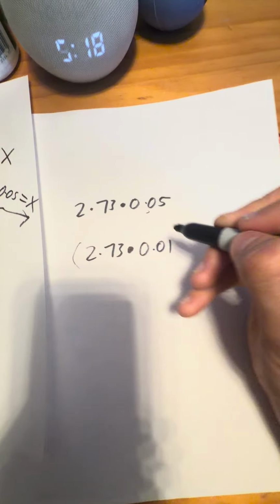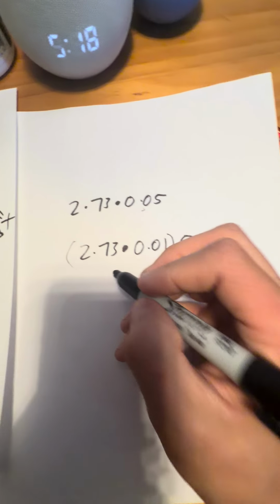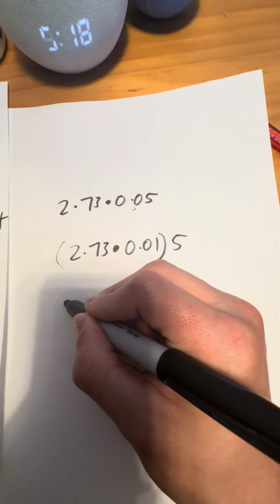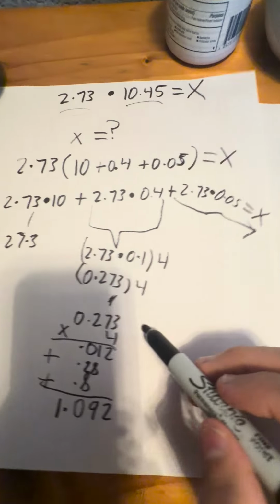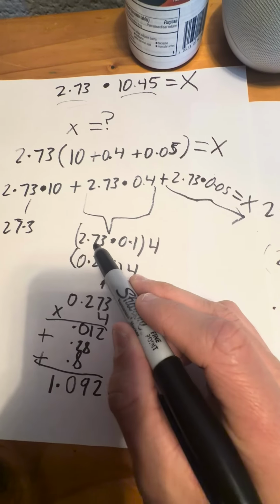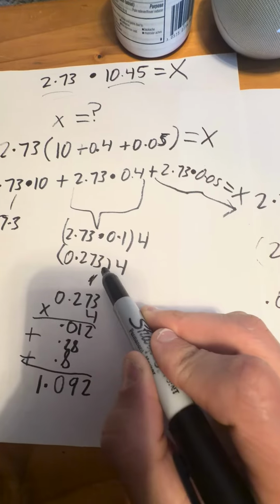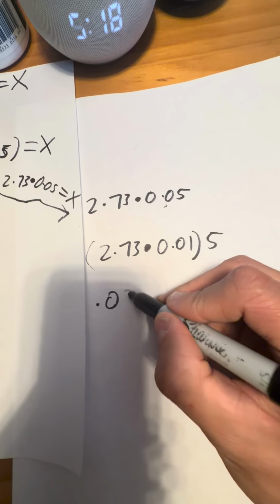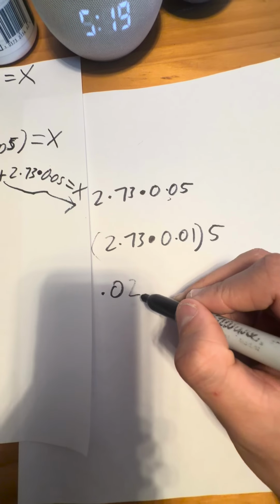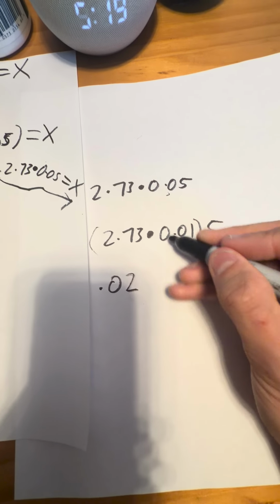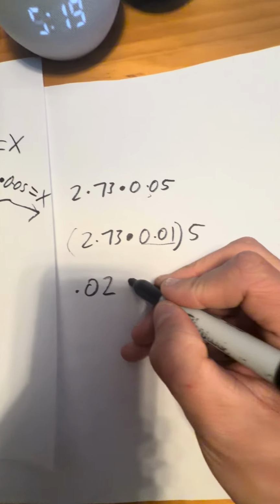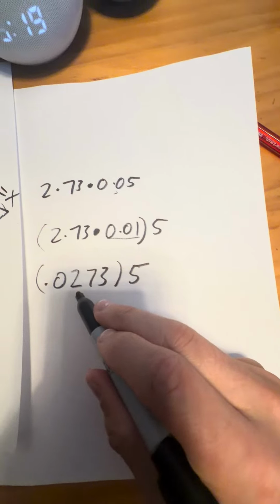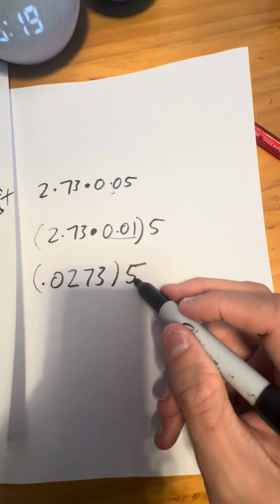We turn it into 0.01 and multiply that by 5. And this is a hundredth, so you just move the decimal 2 places to the left, so the decimal point is going to be between a 0 and the 2, since we got an extra 0 in this little guy. All right, so we have 0.0273 times 5.